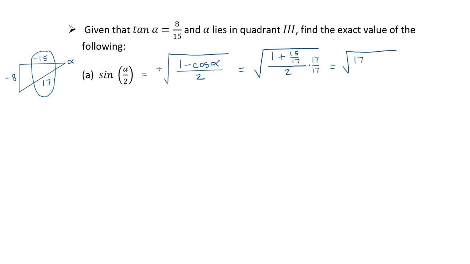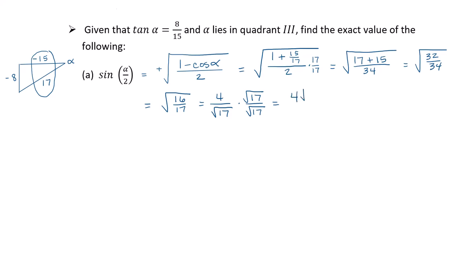Then I'll have 17 plus 15 over 34. This is the square root of 32 over 34, which is the square root of 16 over 17, and that gives me 4 over the square root of 17. I have one last step to go ahead and rationalize the denominator. So I have 4 square roots of 17 over 17.